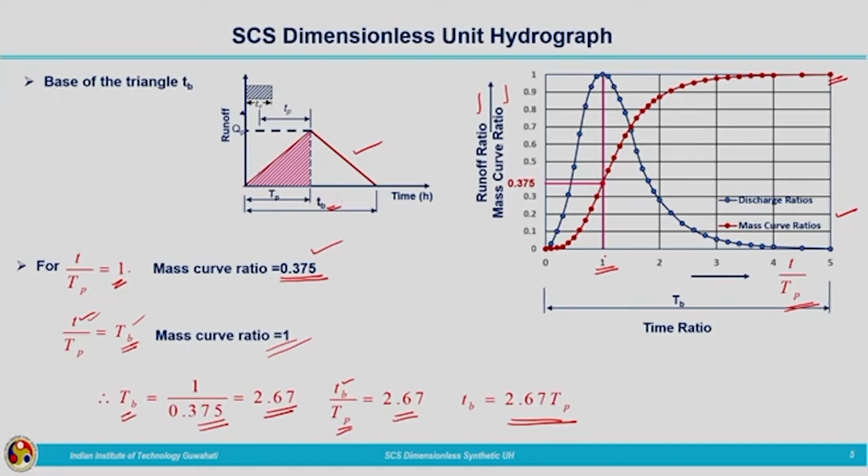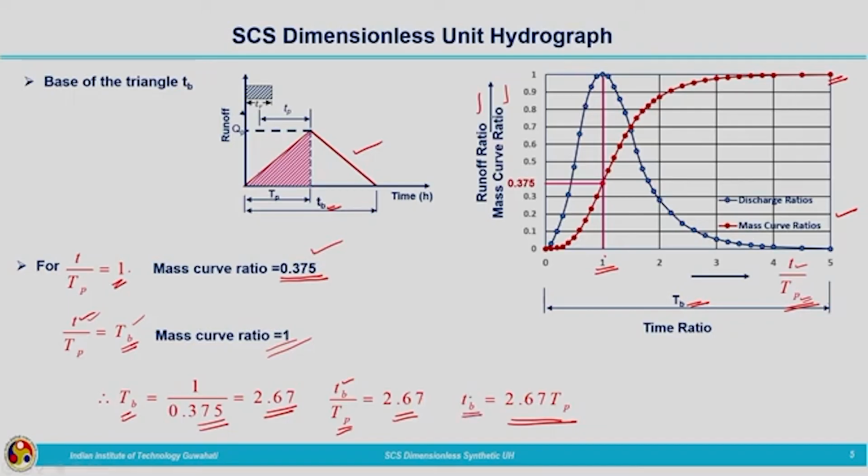Here in the case of the SCS dimensionless unit hydrograph, we have capital Tb representing the base of the unit hydrograph. Capital Tb is nothing but small t divided by Tp. That is what we have used over here, small t divided by Tp, and that is Tb divided by Tp is equal to 2.67.